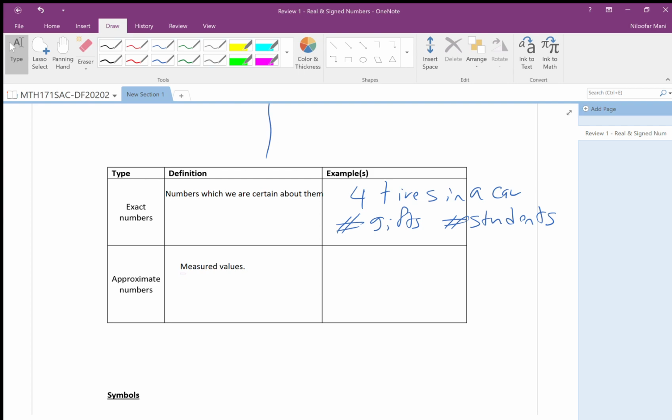So when I say, for example, 3 grams, when we measure, we are not certain about these numbers. I'm not sure about them. So they are just approximate numbers.